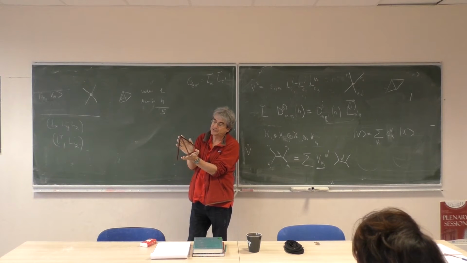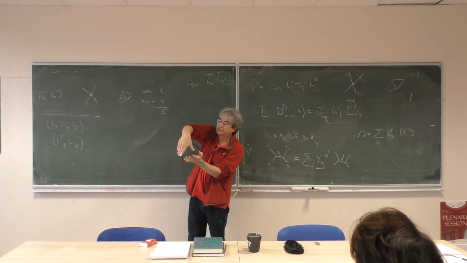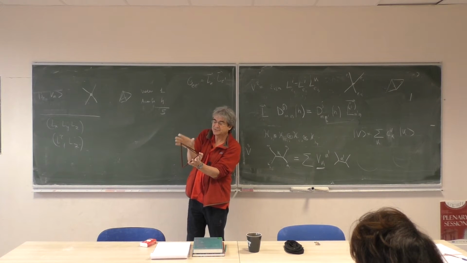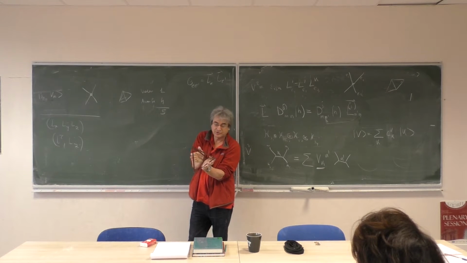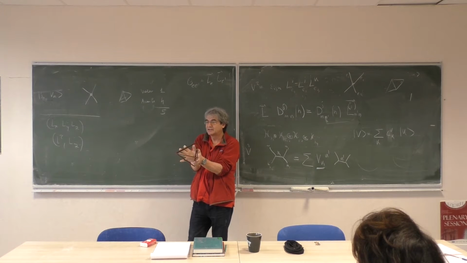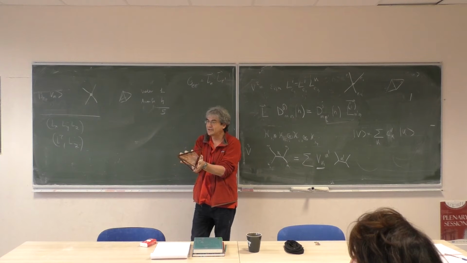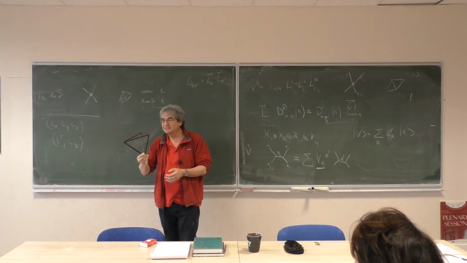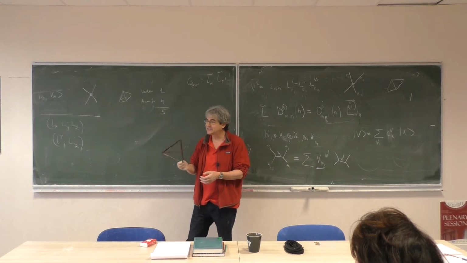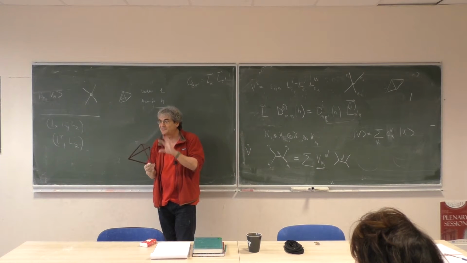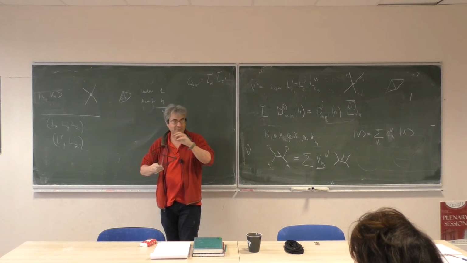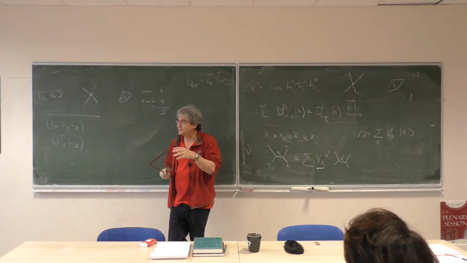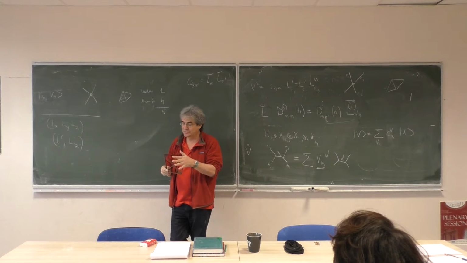It's pretty obvious that if you fix this dihedral angle, this one is also determined, but the other dihedral angle is not. So this dihedral angle and this dihedral angle don't commute with one another. It's like Lx and Ly. Which means that in the small, these little tetrahedra that I've drawn are not tetrahedra, they're fuzzy tetrahedra, in the same sense in which an electron is a fuzzy rotating stone.